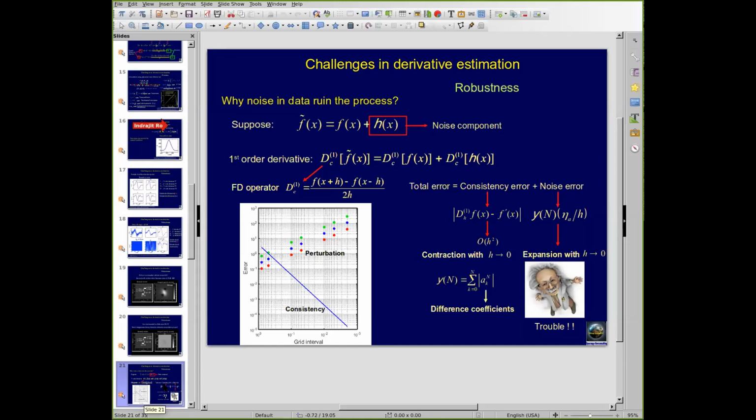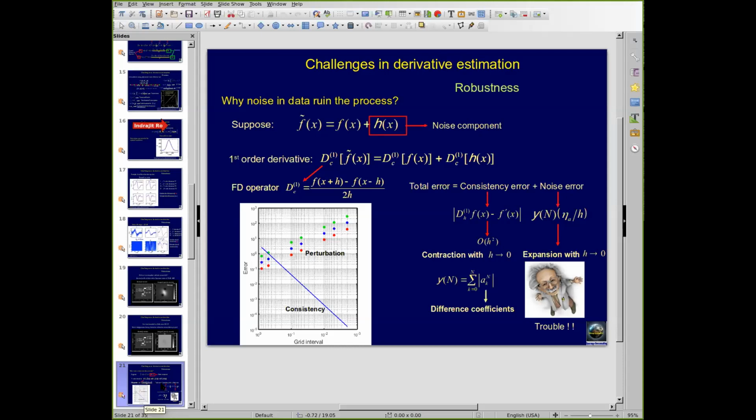Why do such things happen? Suppose this is the situation: f curl x is the measured data, f x is the smooth function. So you always consider that your data is somehow related to some smooth function, and h x is a noise component.